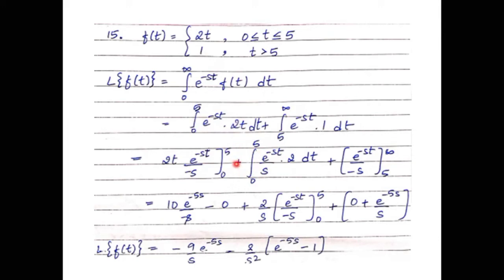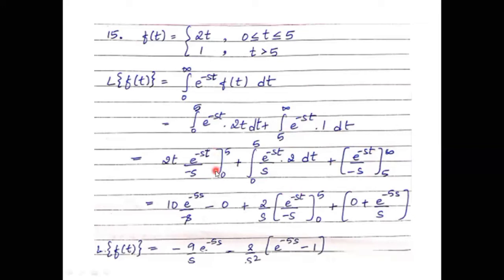In the formula you will be having minus integral of, because of this minus s, this one has become plus, and the differentiation of this 2t is 2 into dt, plus integral of e power minus st is e power minus st by minus s between the limits 5 to infinity.